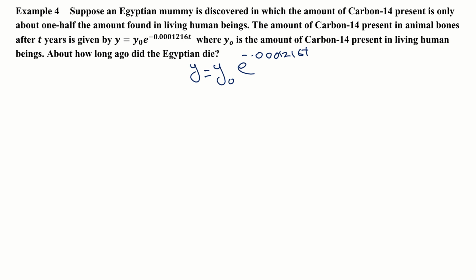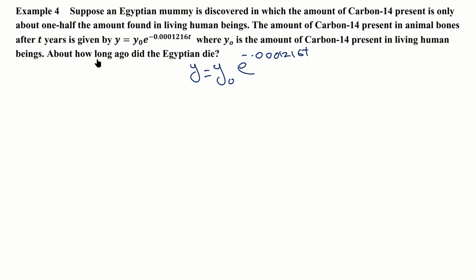All right, so you're going, why are we using this formula? That's for animals. Well, as it turns out, we happen to be classified under animals as well. So basically what we know is that in this particular mummy, the amount was half the amount present at this time, right?